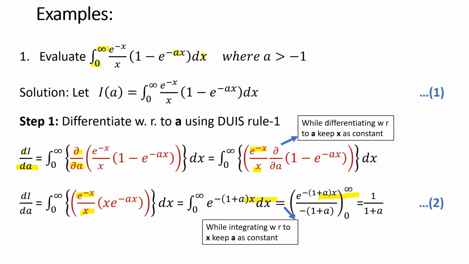So what we are getting here is dI by dA equal to 1 upon 1 plus a. So in the first step you have to get this differential equation in terms of I and a.